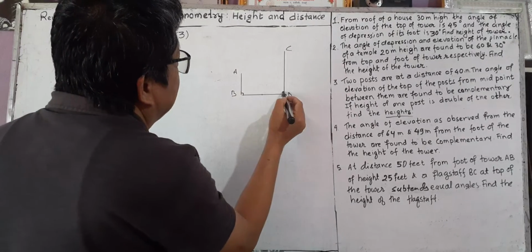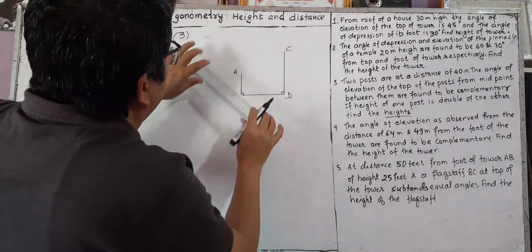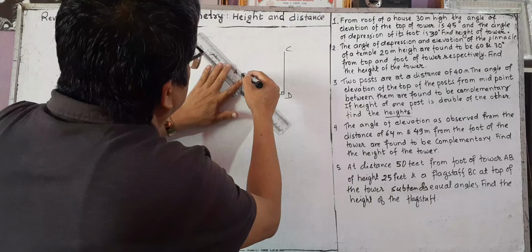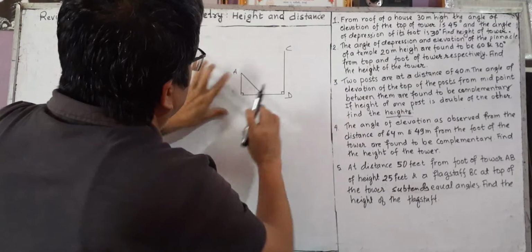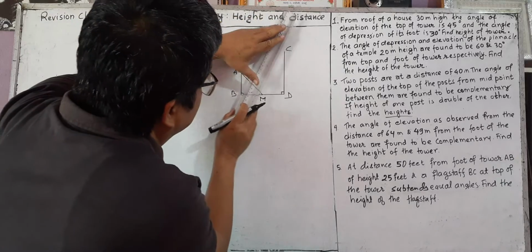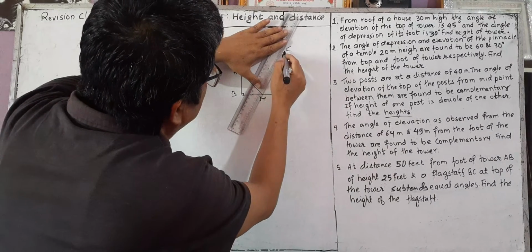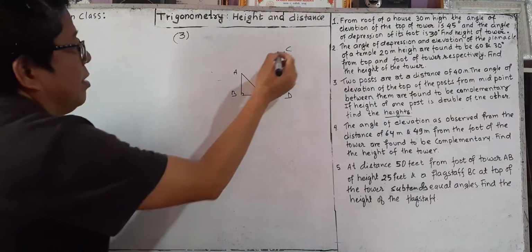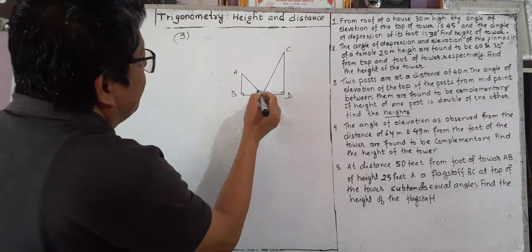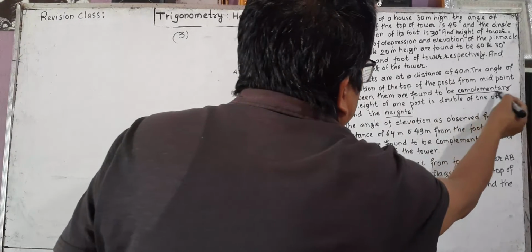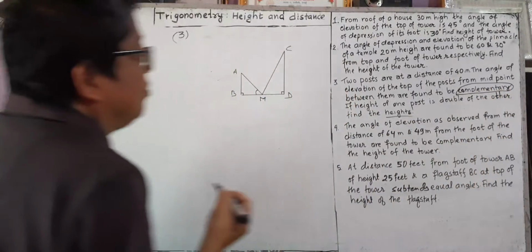This is 90 degrees, this is also 90 degrees. The angle of elevation from the midpoint, say it is M, and another elevation. From the question, they are complementary.